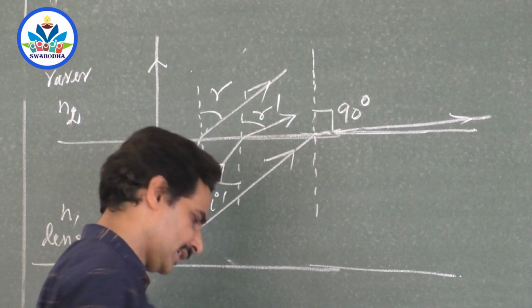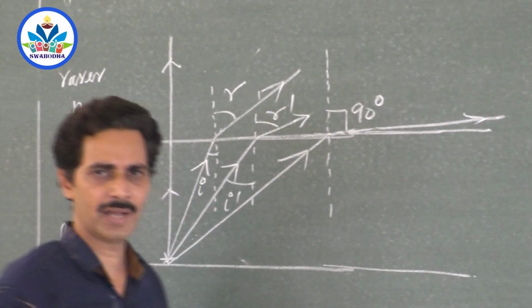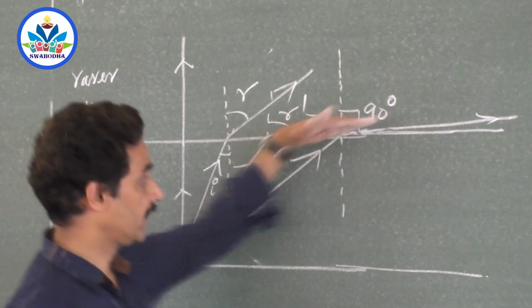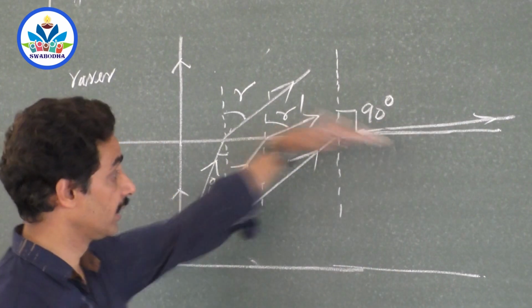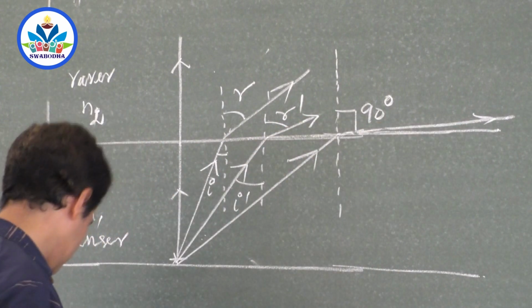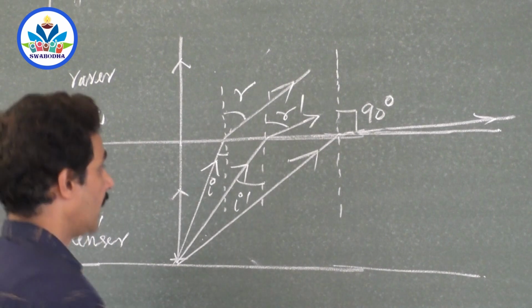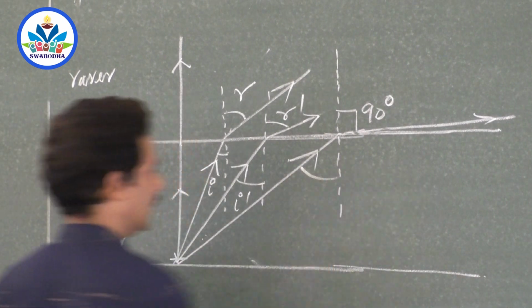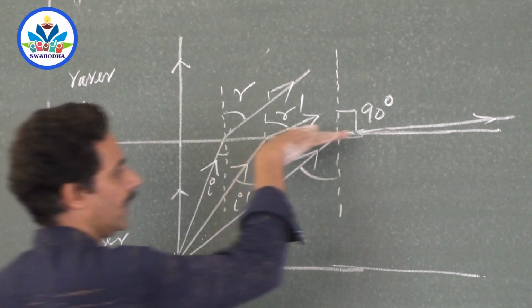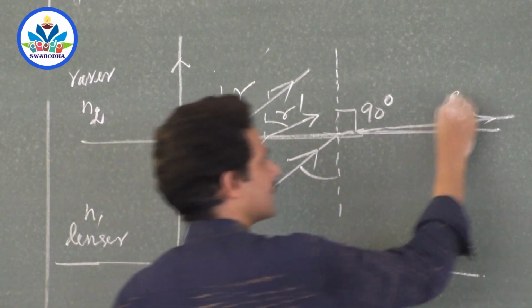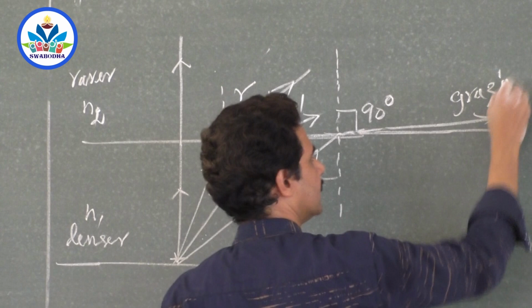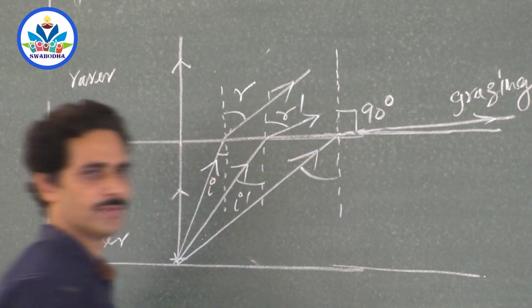What do you mean by critical? You can't have it in practical. It is very difficult to have a ray of light undergoing refraction at 90 degrees. I will say why it is critical. I call this particular angle, where the ray after refraction grazes the surface. It is grazing the surface. What do you mean by grazing?